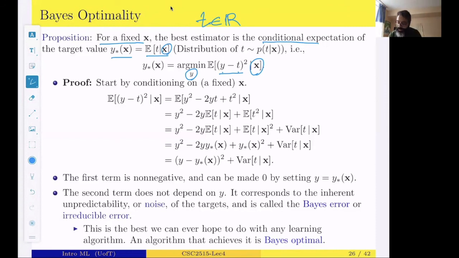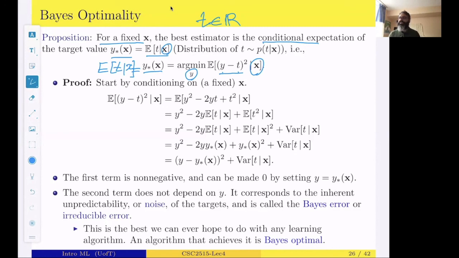The minimizer would be y star, which is the conditional expectation of t given x. What is conditional expectation? It says that if I fix x, what is the average value of t? That average value is the minimizer of the squared error loss that we have.